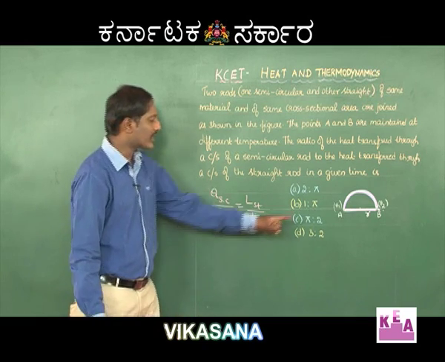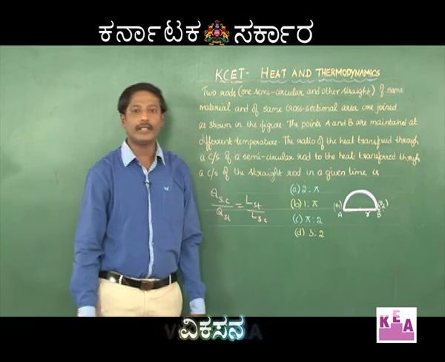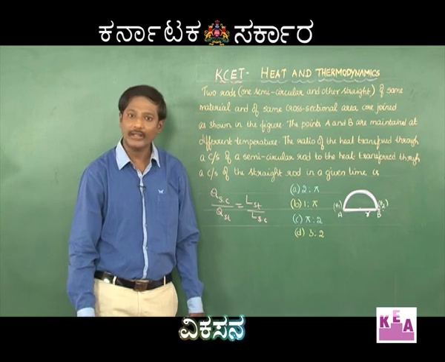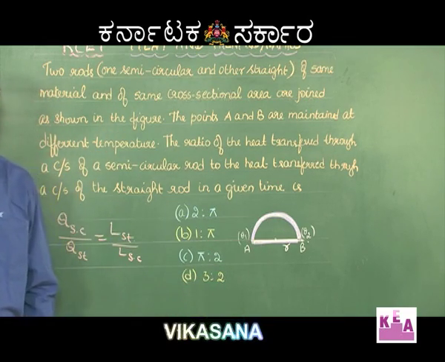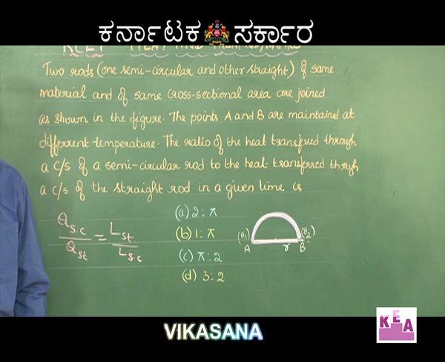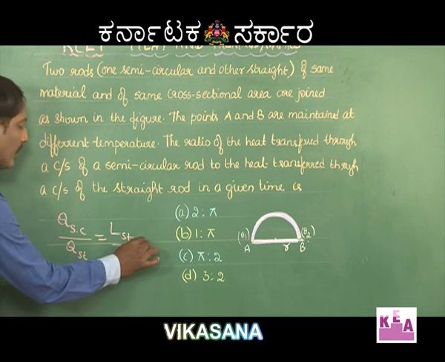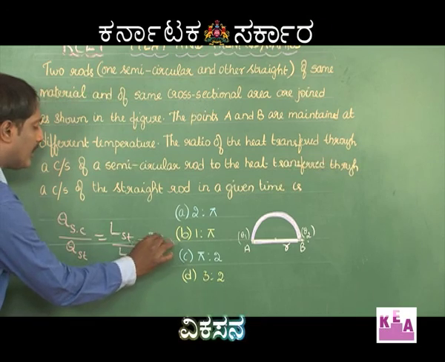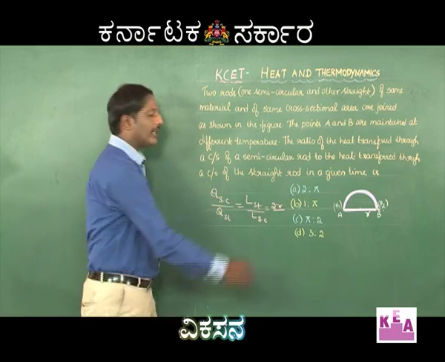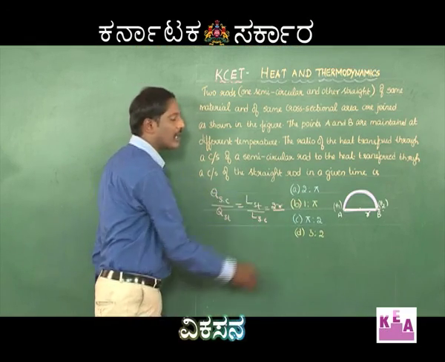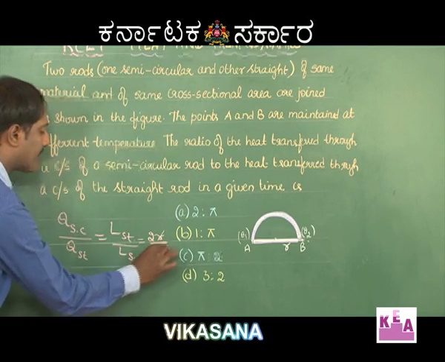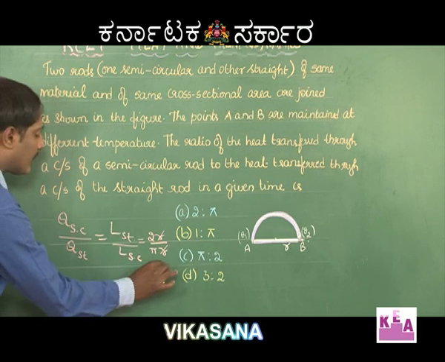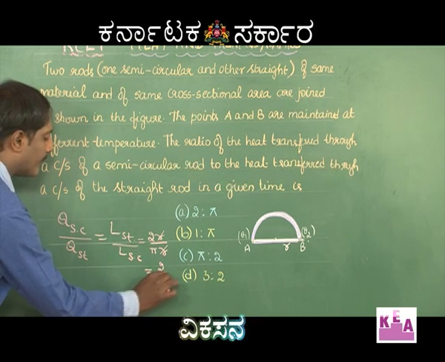The length of the straight rod is equal to the diameter, that is 2r, and the length of the semicircular arc is half of the circumference, that is pi r. So you can cancel r, and the left out term is 2 divided by pi.